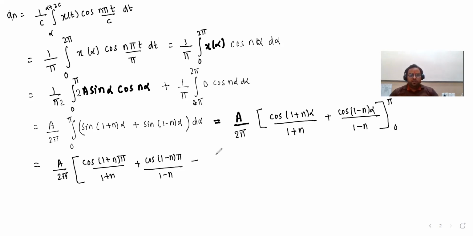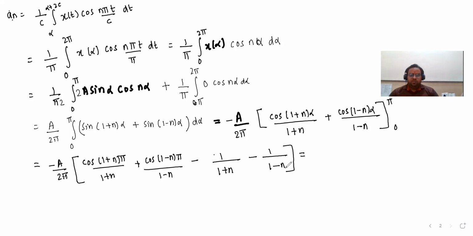And minus, since the sine integral is minus cos, one minus will also come outside. Then we have cos of 0, that is 1. So this is 1 divided by 1 plus n, plus 1 divided by 1 minus n. This is what we obtain here.